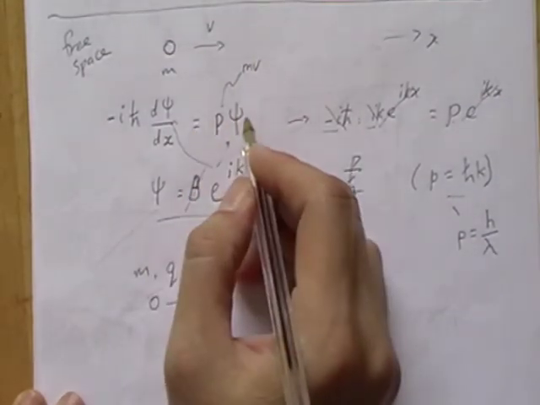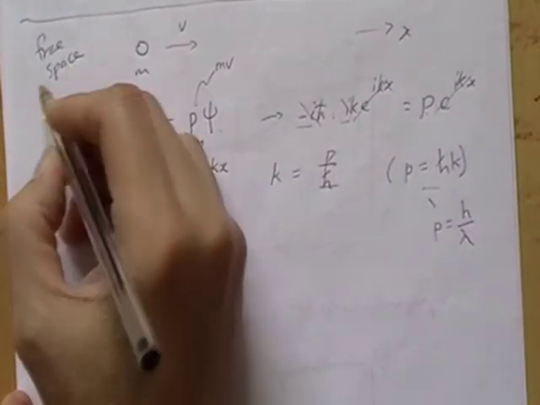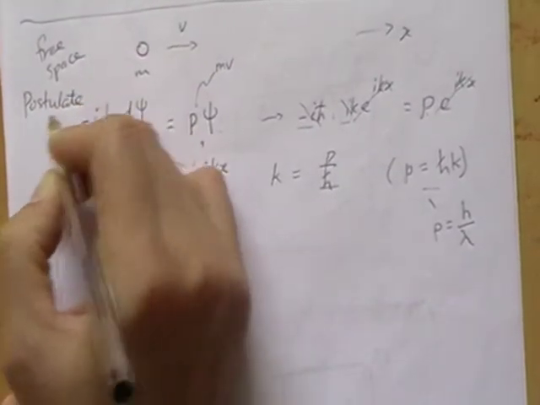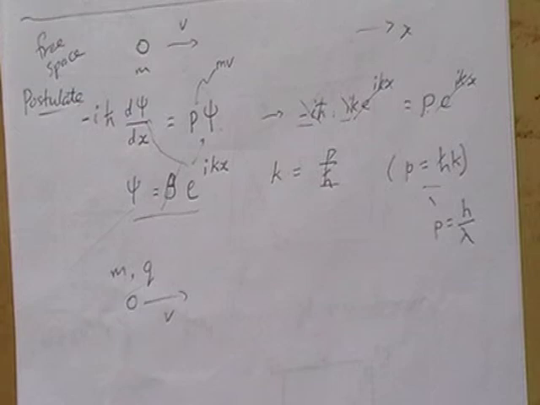Now, I should just mention here that this equation is a postulate in quantum mechanics. In other words, it's an assumption. It's not derived from anything, although it is often thought to be closely connected to some theories in classical mechanics called the Hamiltonian, and a set of rules has been developed to relate this to the Hamiltonian method.